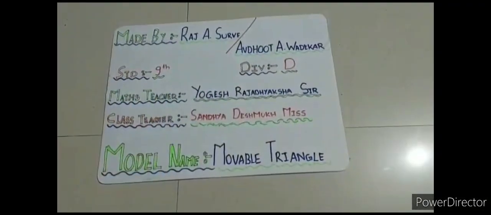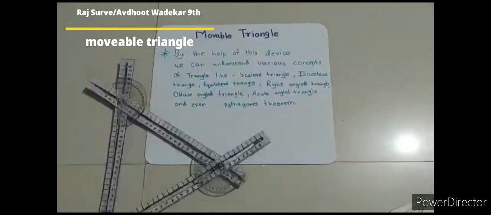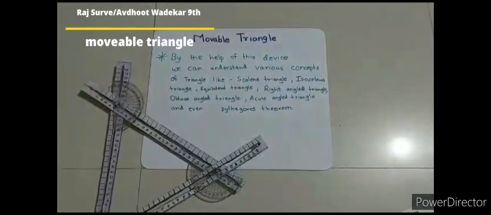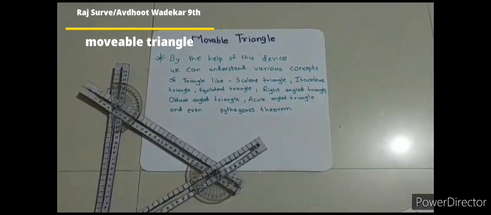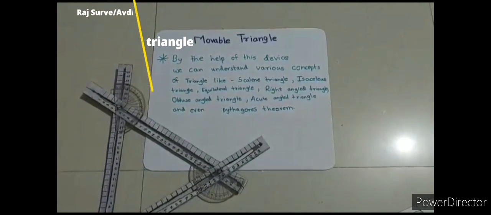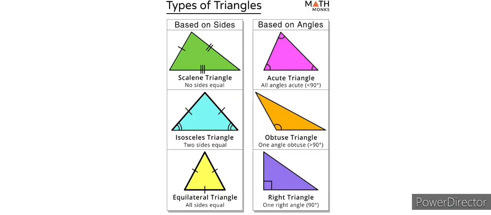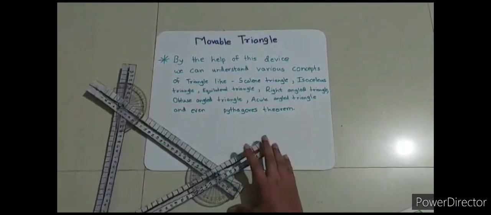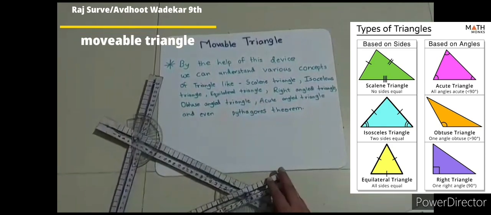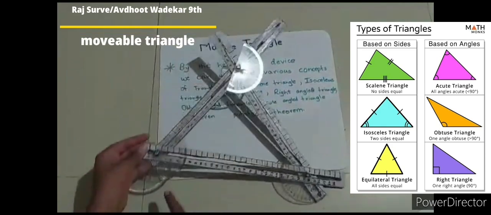Properties of the in-circle. Model name is movable triangle. By the help of this device, we can understand various concepts of triangle like scalene triangle, where all the sides of the triangle are uneven.